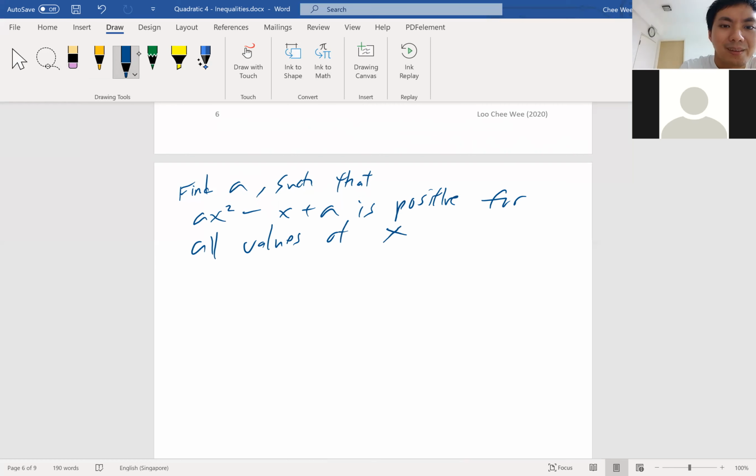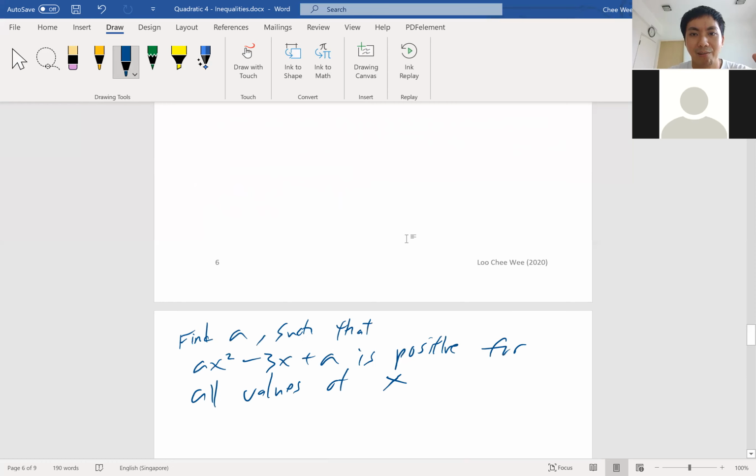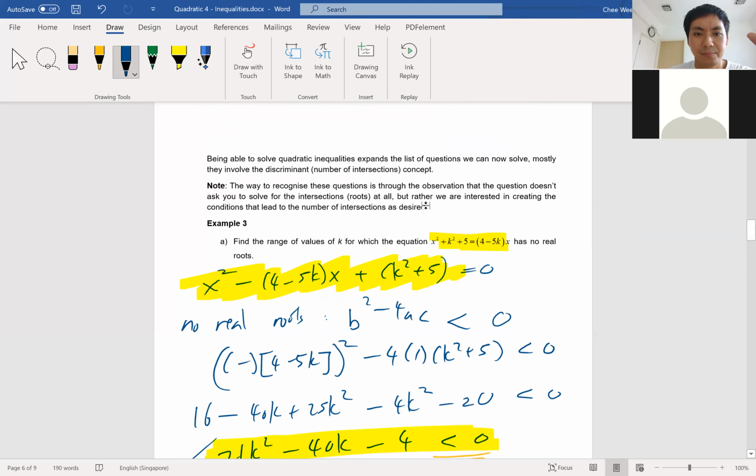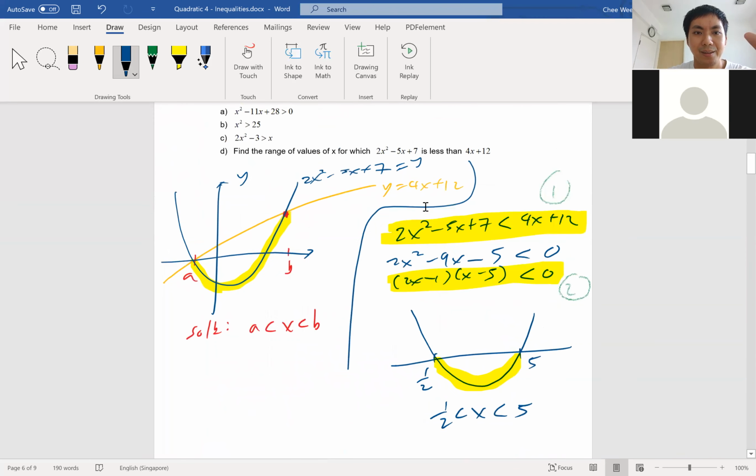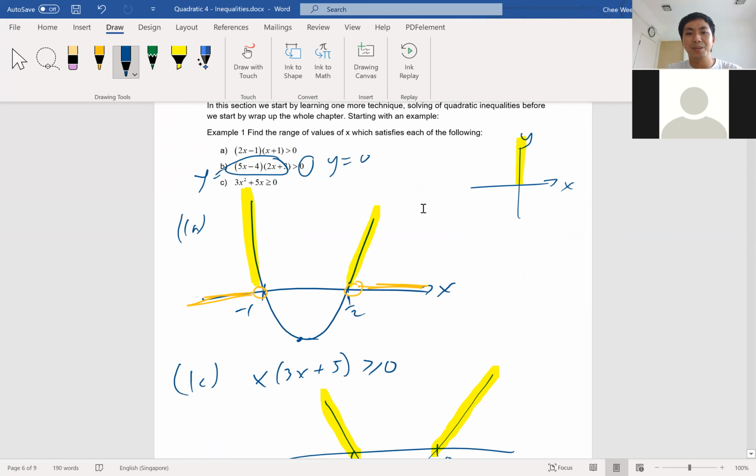If you contrast such a wording to the original quadratic inequality questions that we have been solving, those were like a graph like this, 1a or 1b. It is occasionally positive, sometimes 0 at 2 points, and occasionally negative, because I have got no other constants like a affecting the shape of the graph. The question is asking you to tell me the occasions when it is positive. So we will go through the notion and solve for the occasions when the graph is positive, that's all.